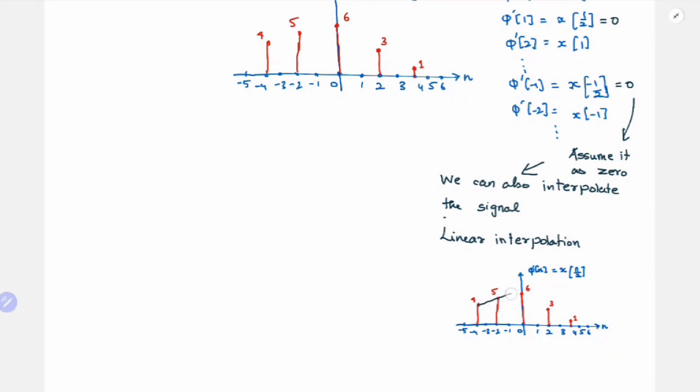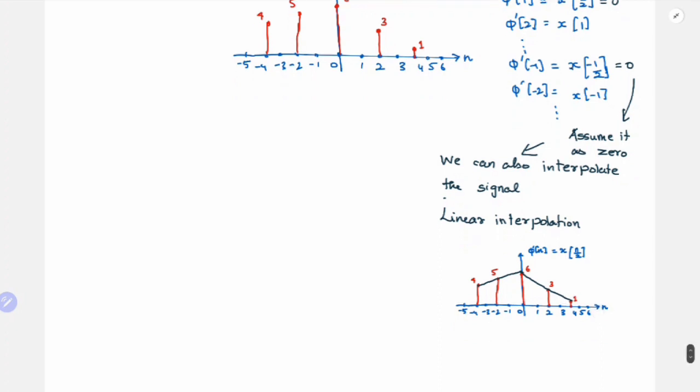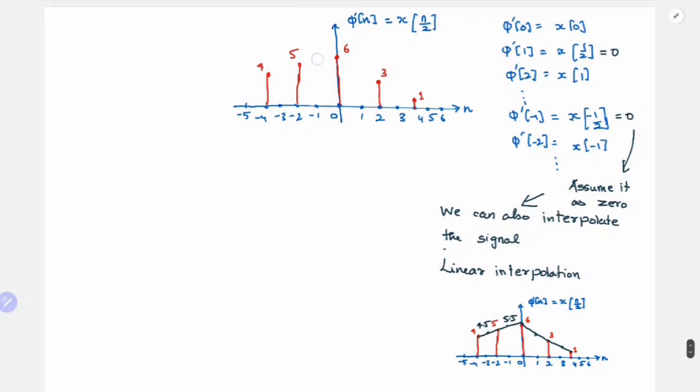It is like this, 6 and then like this. So what will be its value here? Some 4.5, 5.5 and so on. You can find the value at these points as well. So it is like linear interpolation. Then you can put 5.5, 4.5 here.